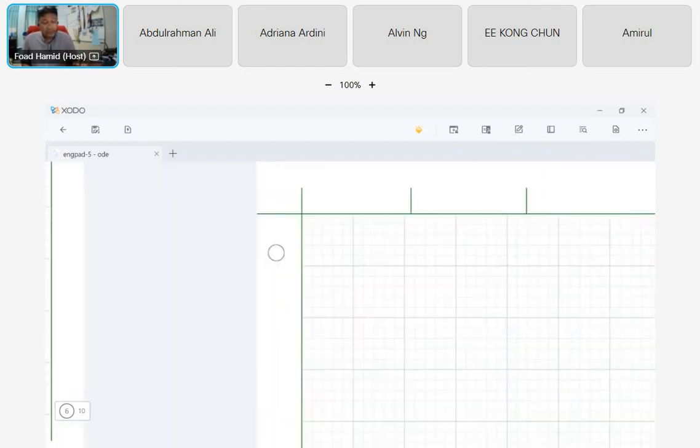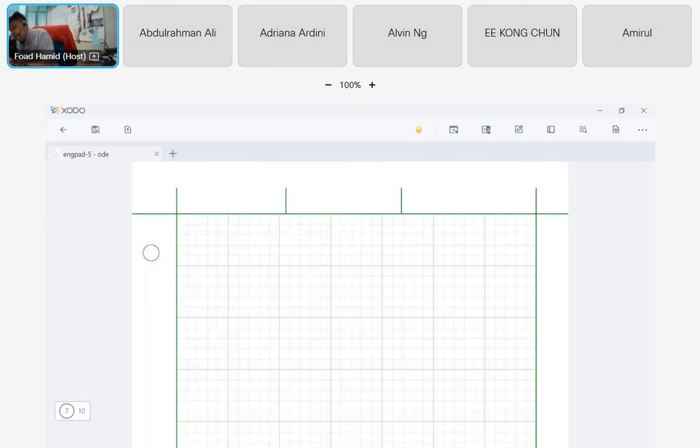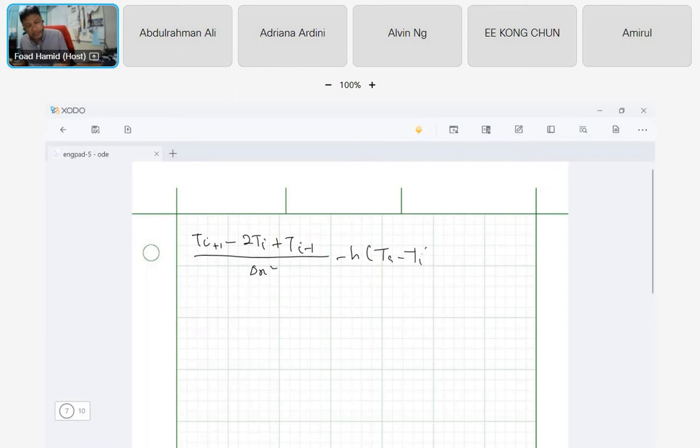So this is the method. If you look at your textbook here, example 27.3, and if we use the same equation, what we can simplify is that it becomes Ti plus 1 minus 2Ti plus Ti minus 1 over delta x square minus h prime (Ta minus Ti) equal to 0.